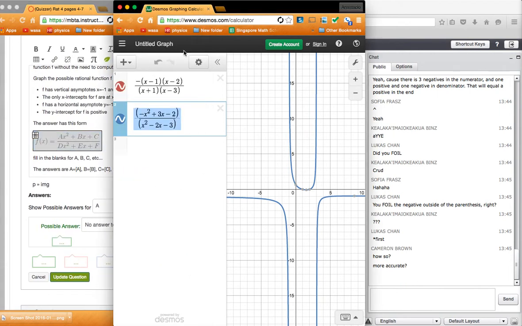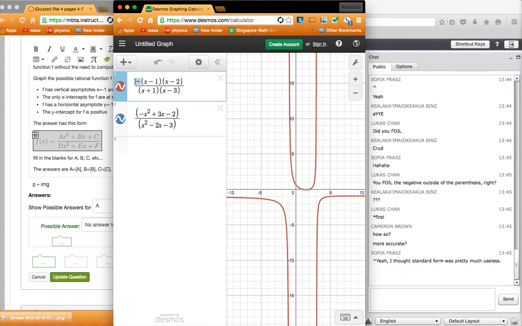If I ask you to keep it in this form right here, I didn't give you any spot to put a negative. So you would have had to absorb that negative into one of these parentheses. But you could have absorbed it into this one or the second one as long as you only did it to one of them. So your answer could be different. But if I ask you for the answer like this, then there's only one answer you could give me.